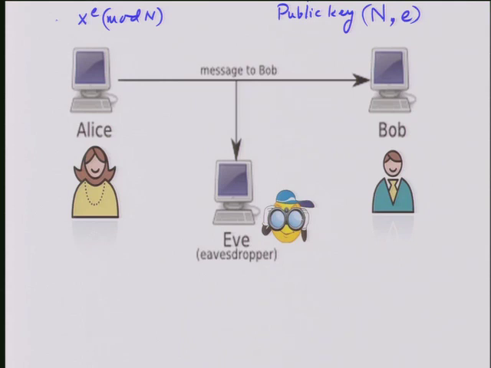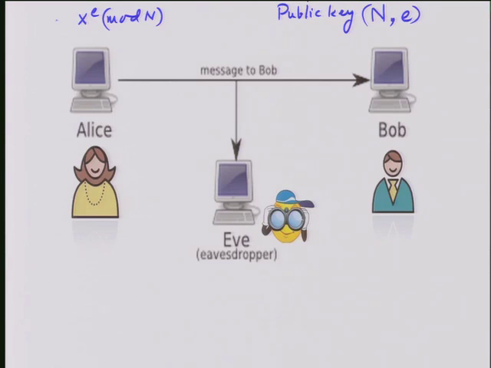Once she knows N, she could factor it and figure out P and Q, the prime factors. She could compute P minus 1 times Q minus 1, and then she could compute E inverse mod (P minus 1)(Q minus 1). She could do all this, right? The only thing is, she can't do it quickly.